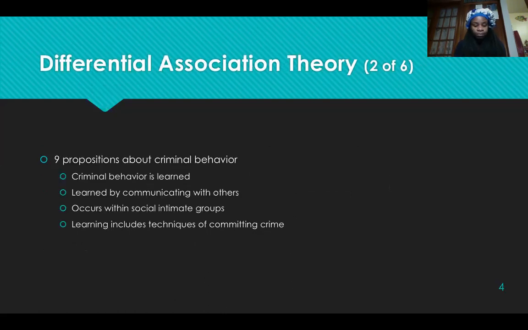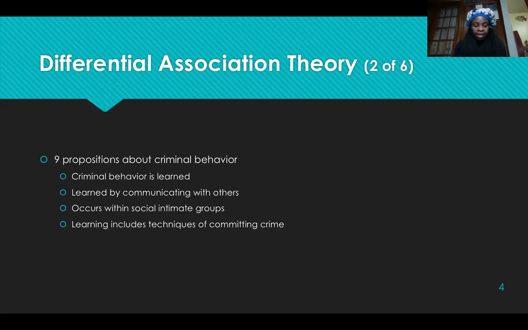Okay. So Edwin Sutherland proposed 9 propositions about criminal behavior. The first one is that criminal behavior is learned. The second is that criminal behavior is learned in interaction with other persons during a process of communication.